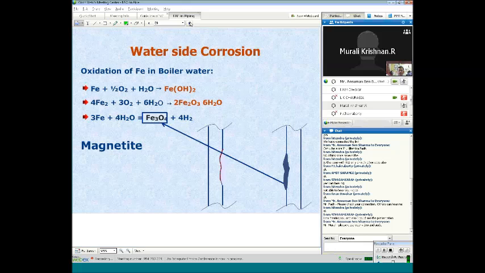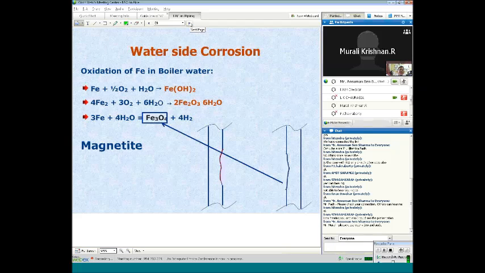But suppose this magnetite gets dissolved and goes out, then what happens? Then instead of protecting the metal, this is creating a metal loss. Therefore, this is going to be a form of corrosion. And that is exactly what happens in the case of FAC, that is flow accelerated corrosion.